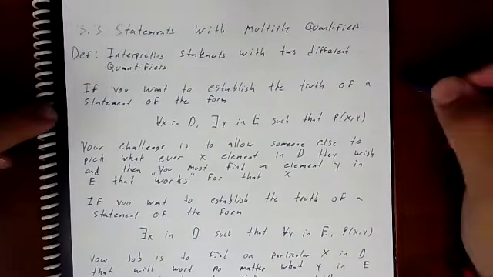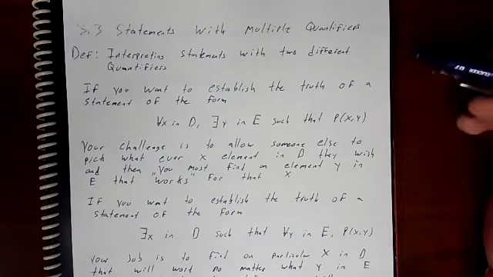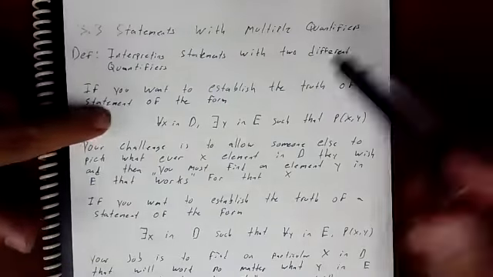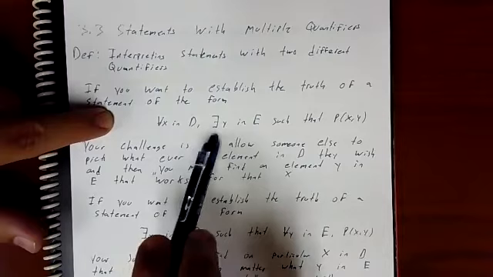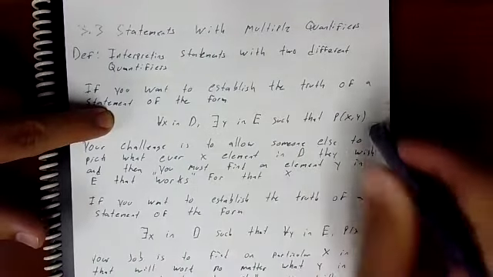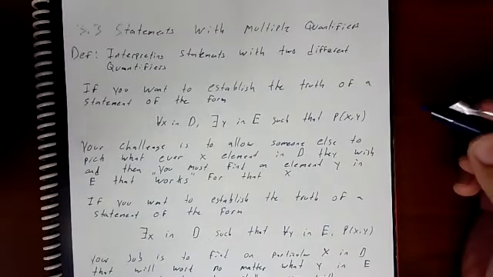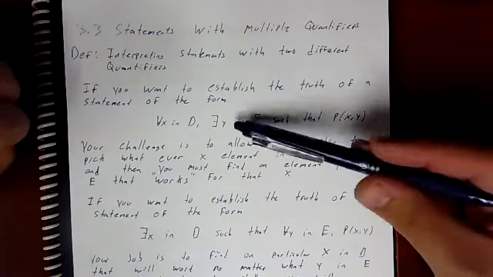If you want to establish the truth of a statement of this form, for all x in D there exists a y in E such that P of x, y. So you can choose any x, but there has to be a y.